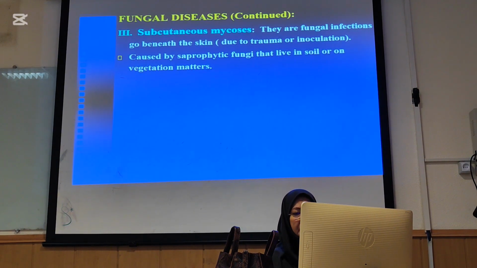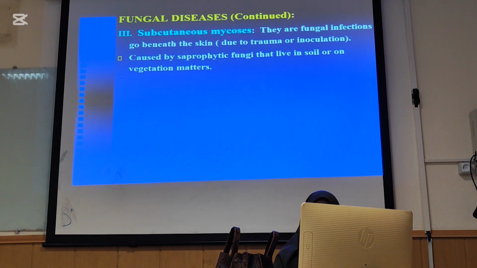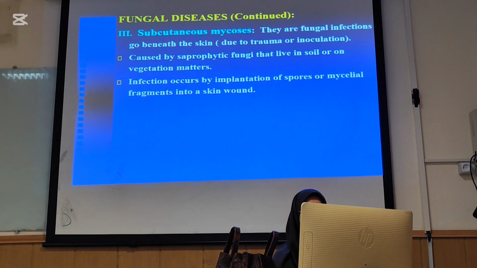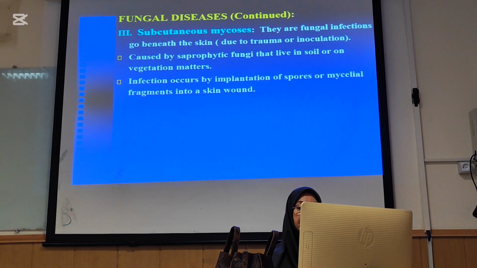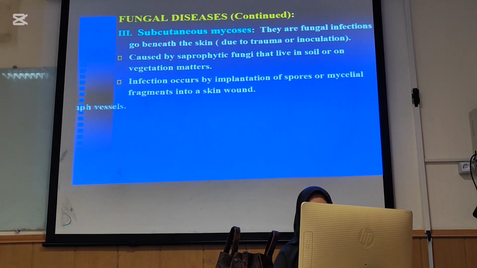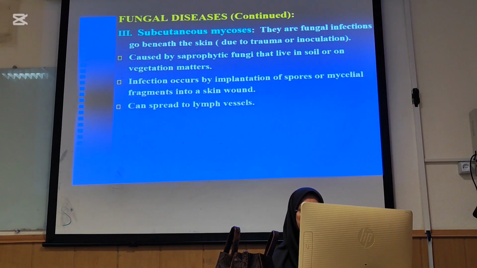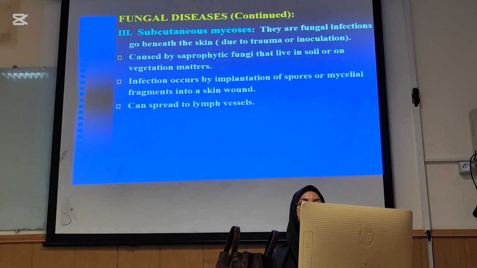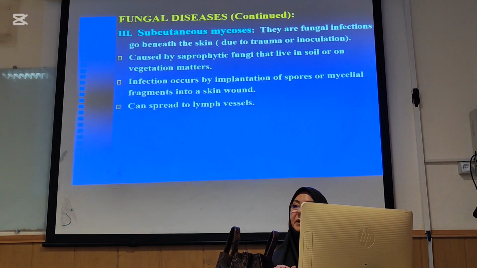Infection occurs by implantation of spores or mycelial fragments into a skin wound, and can spread to lymph vessels. Usually systemic infections spread through the blood, while subcutaneous infections spread through the lymph.